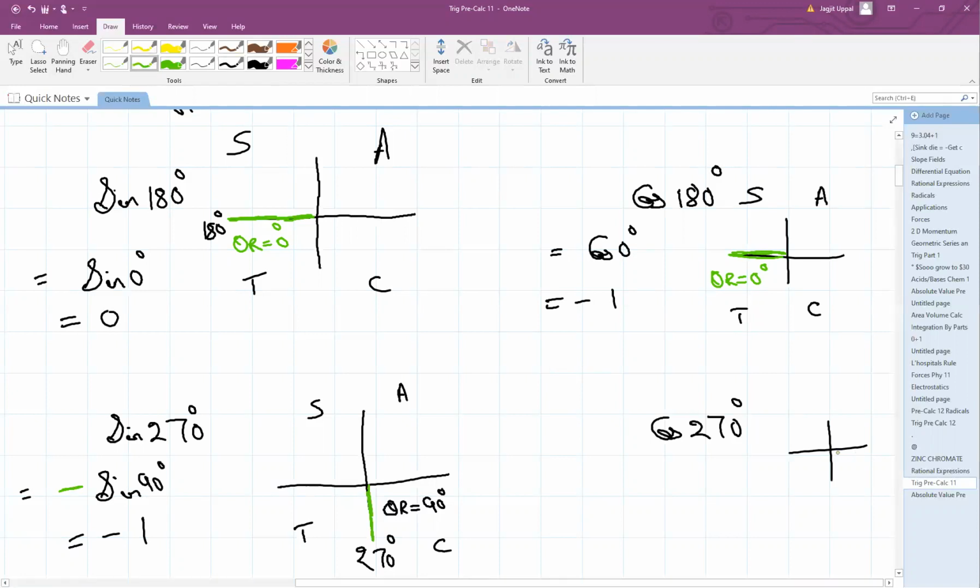Next up, we're going to find cos of 270. 270 is right here. The reference angle for that is 90. And then you write add sugar to coffee. So we're going to say cos of 270 is just going to be cos 90. However, I have a problem. Over here, my cos is positive. Over here, my cos is negative.